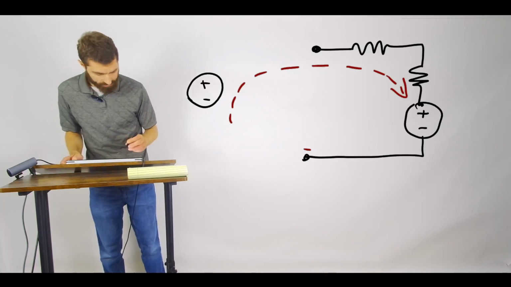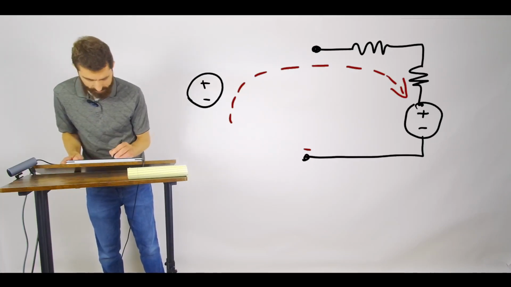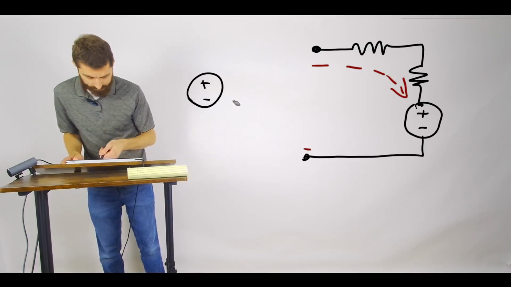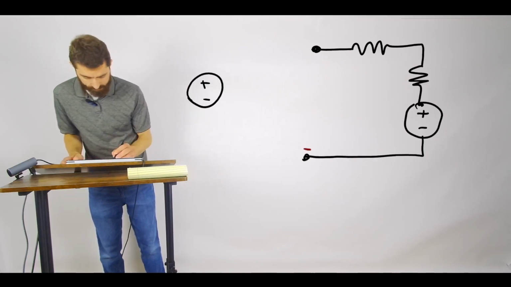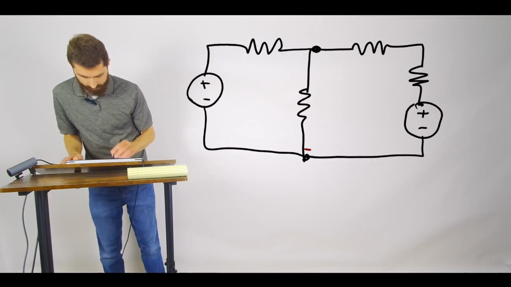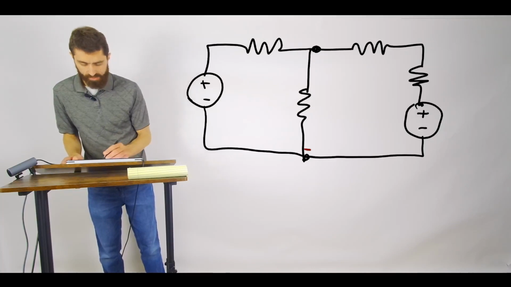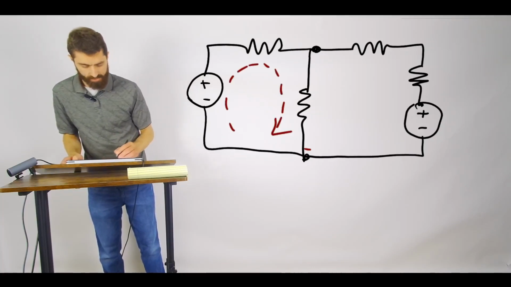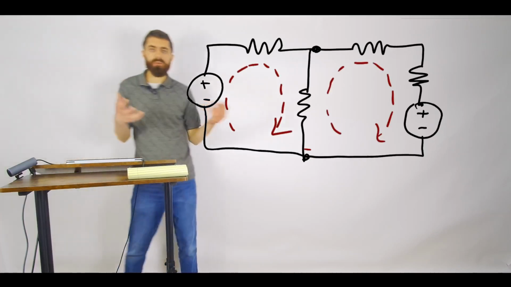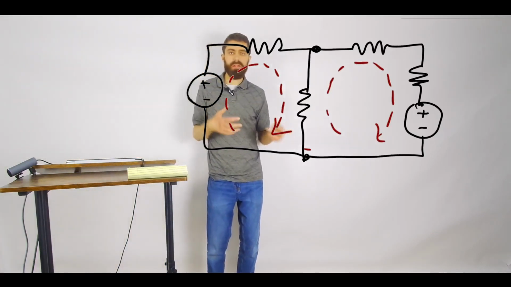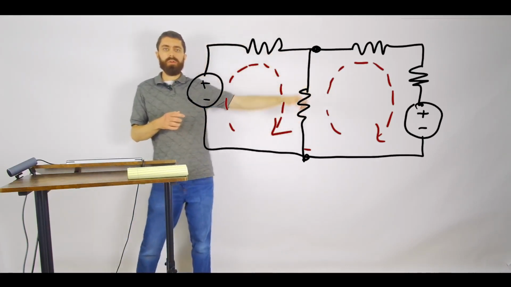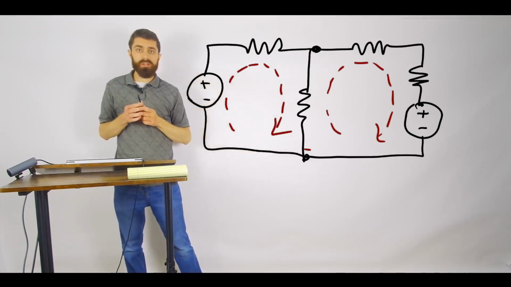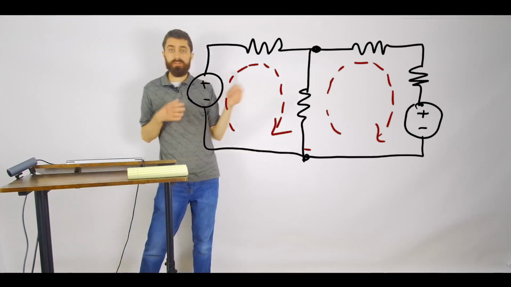There should be a backspace somewhere here, but I'll just resketch it. We could do this loop, we could do this loop, any kind of loop that you can define in the circuit, and then you go around and sum up all the voltages across the different components, it will end up being 0.